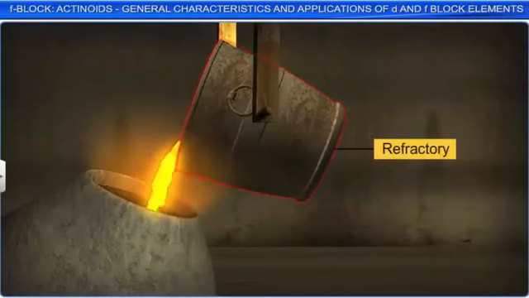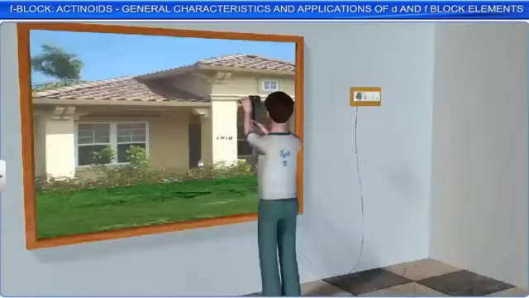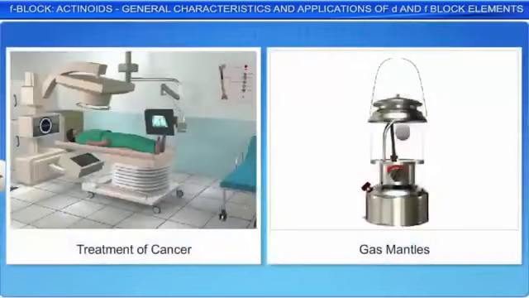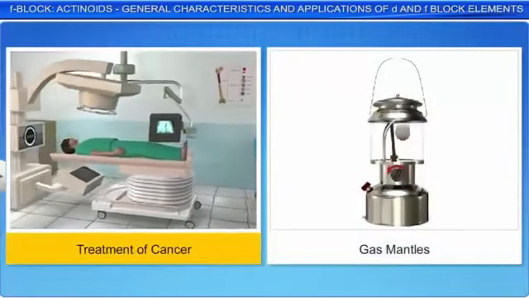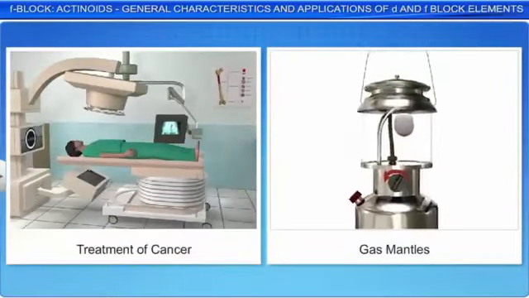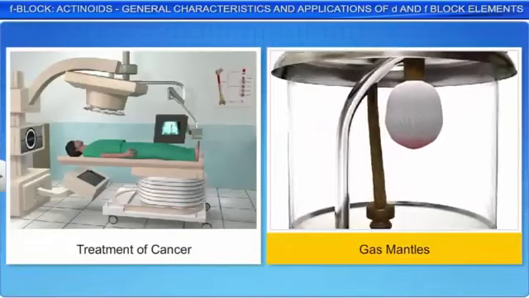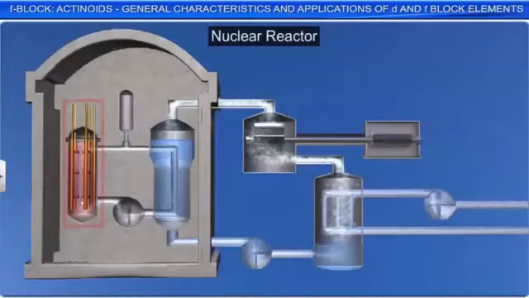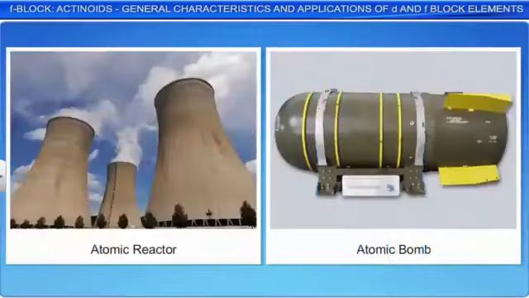Lanthanoid oxides are used as abrasives for polishing glass. Thorium is used in the treatment of cancer and in incandescent gas mantles. Uranium is used as a nuclear fuel. Plutonium is used in atomic reactors and in atomic bombs.